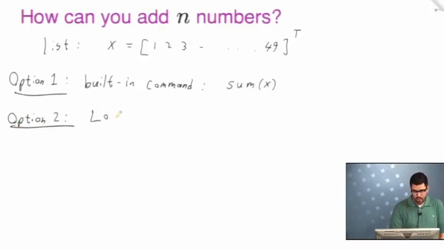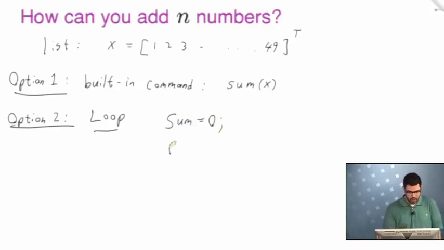Another option is to understand what's going on under the hood and write your own code and use a loop. So for example, let's write some pseudocode. I would start off and define a variable known as Sum with a capital S, and I would initialize it as 0. And then I would do a loop.